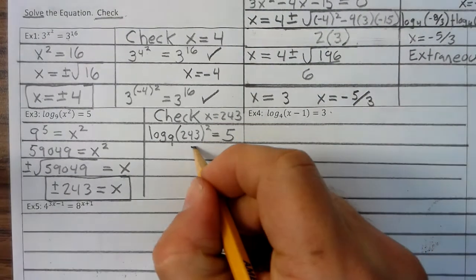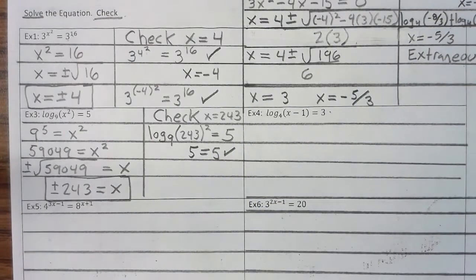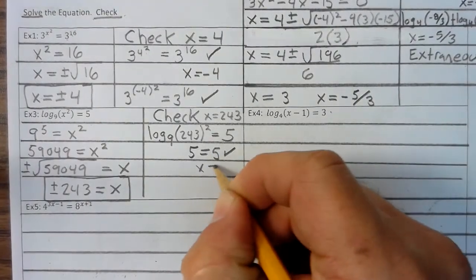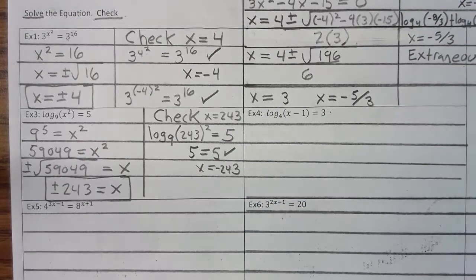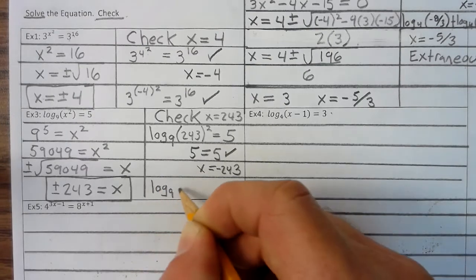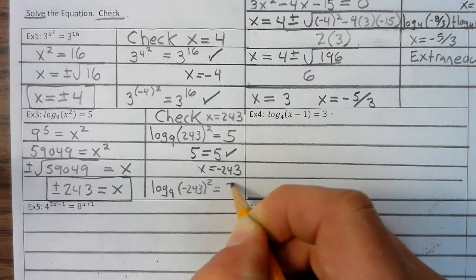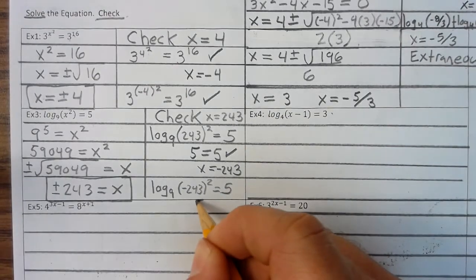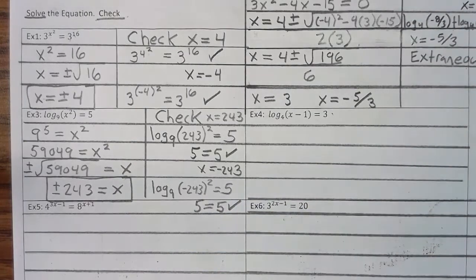Well, your result is 5 equals 5, so it checks. Now let's check x equals negative 243. So you have log base 9 of negative 243 squared equals 5. Your result is 5 equals 5, so it checks.